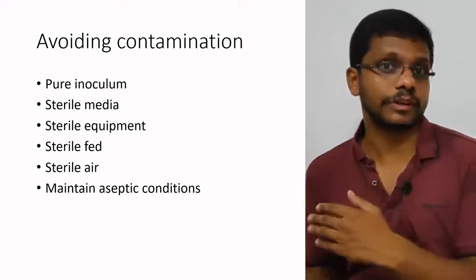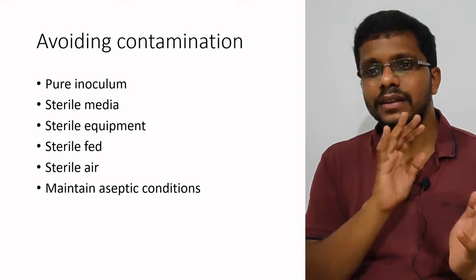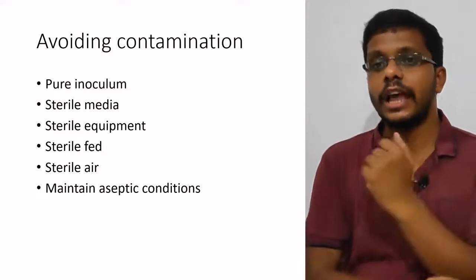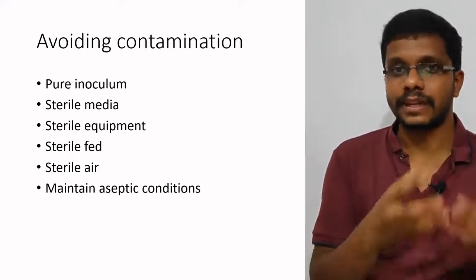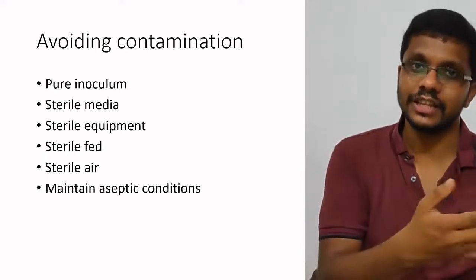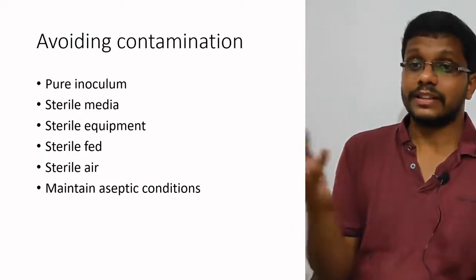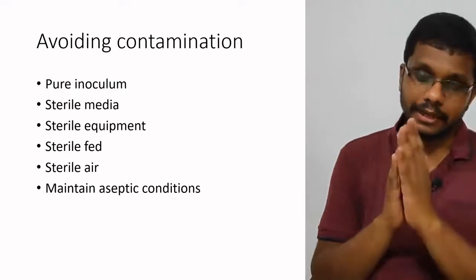So depending on the need of the fermentation, we need to sterilize the media. You may be a little confused by the sterilization of media in industry and laboratory. I'll explain it later. There is a difference in terms when we use it in industry and in laboratory. So we should use sterilized media so that contaminating organisms do not come from the media.